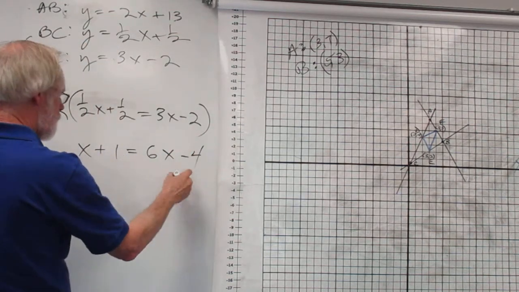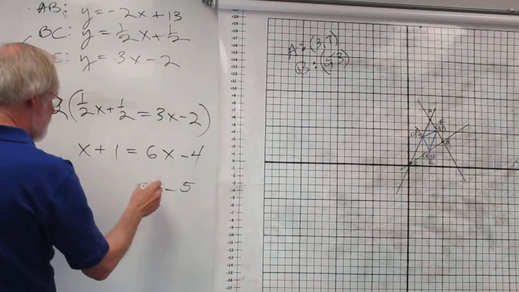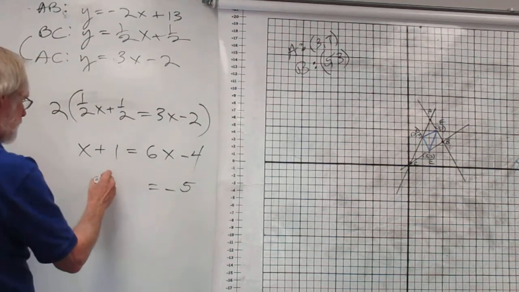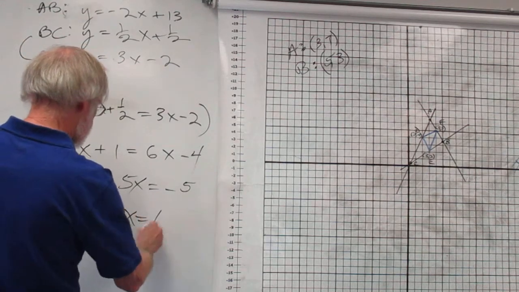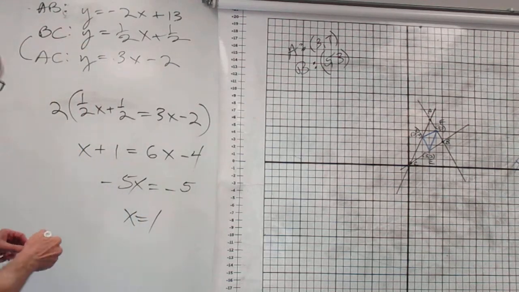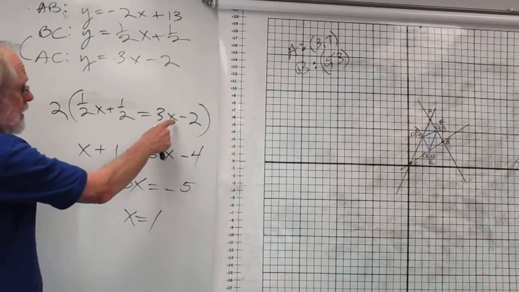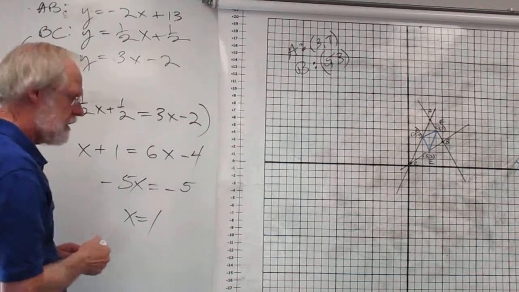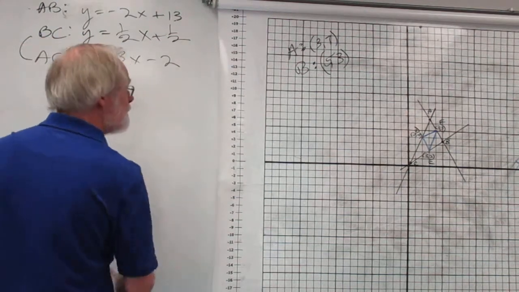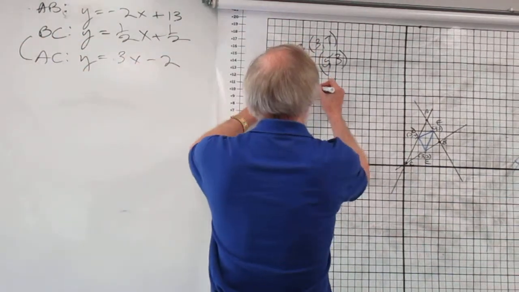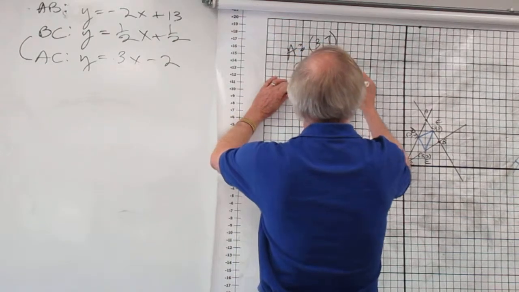I subtract 1 and I get negative 5 equals, I subtract the 6x, negative 5x equals negative 5, or x equals 1. If I put that back in to either one, I get 3 times 1 is 3, minus 2 is 1. So point C then is at 1, 1.